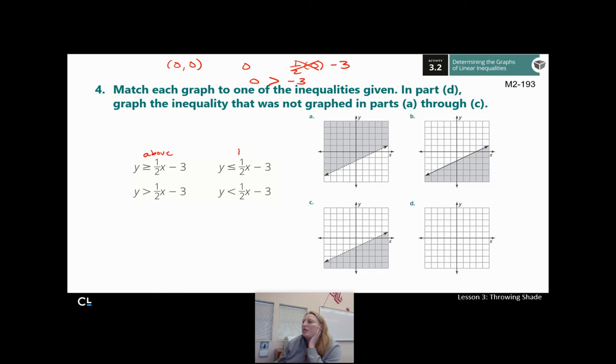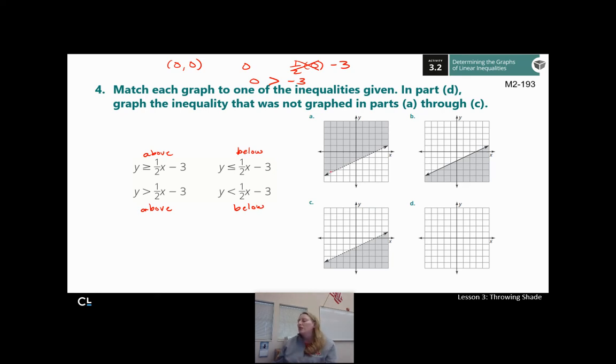This one should be shaded below, right? Because here's 0, 0. So for this guy, it should be shaded above. For this guy, it should be shaded below. These guys agree. Oh, these guys agree as well. They both have a greater than. So this one's also going to be shaded above. But these guys don't agree. So this one must be shaded on the other side below.